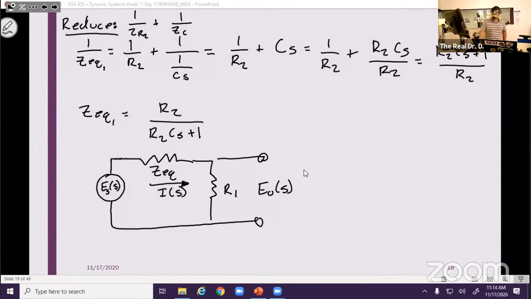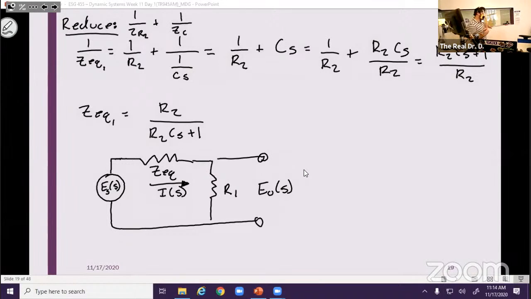Right? So let's talk about this, right? So I have this equivalent impedance, right? Remember, that's going to be equal to ES sub S, right? Divided by well, no, not yet. Please hold. I got ahead of myself in the notes. Please hold. I apologize. So exciting. Okay.